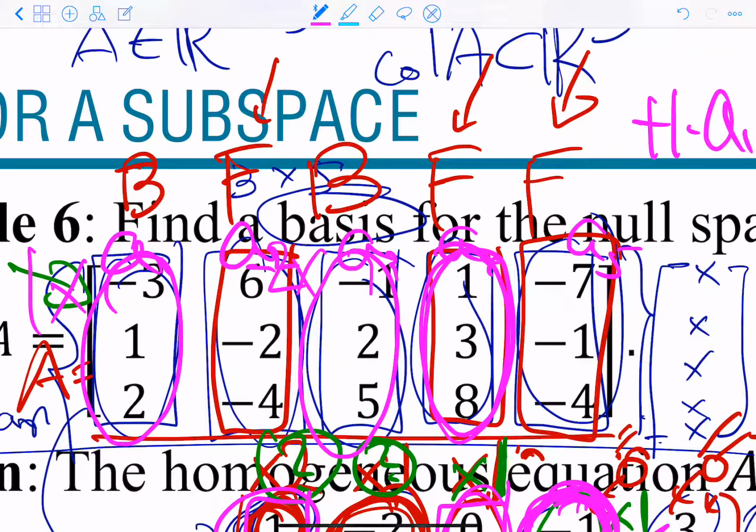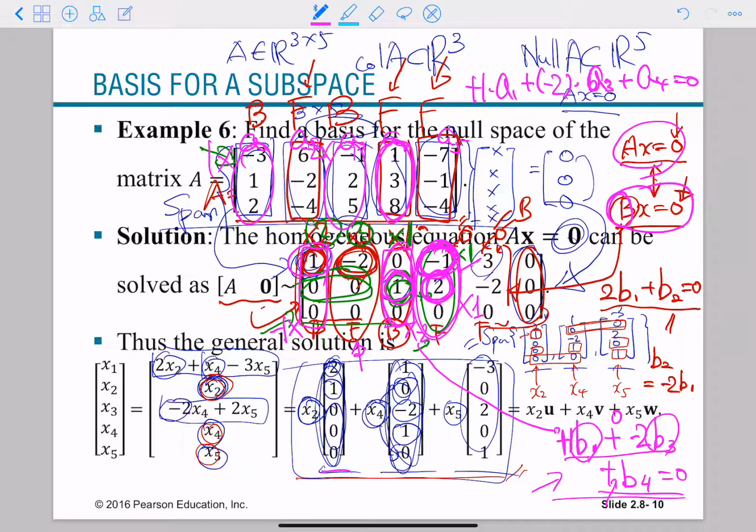And then let's look at the related problem of finding the basis vectors for the column space of this matrix. In the previous example of this problem, we obtained the basis for the null space.